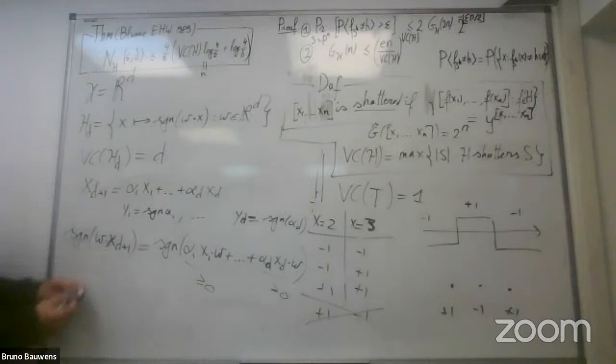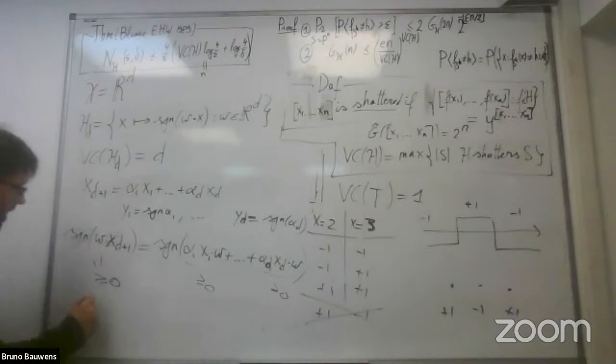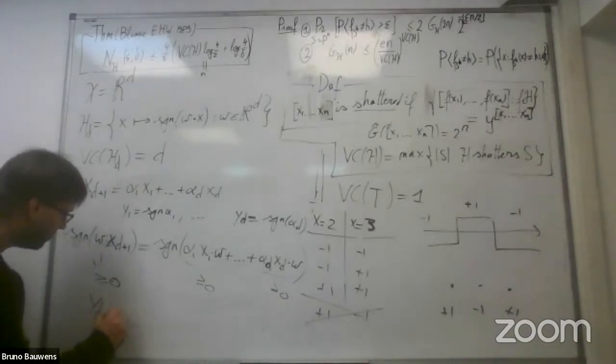And so that means that this must be at least 0. So the dichotomy we cannot produce is a dichotomy where Y_{D+1} equals -1.